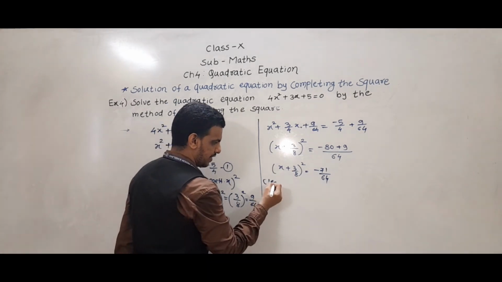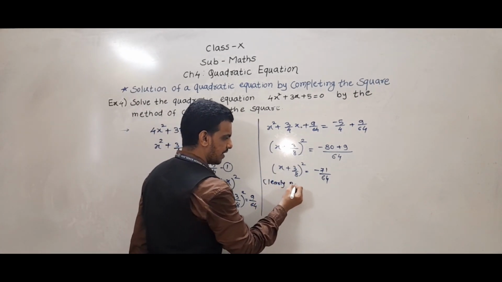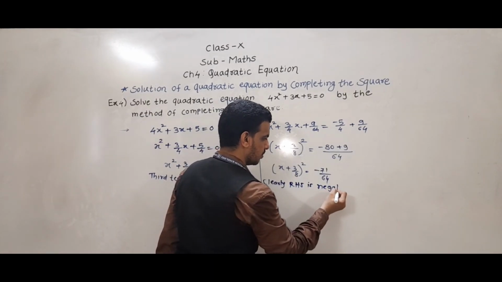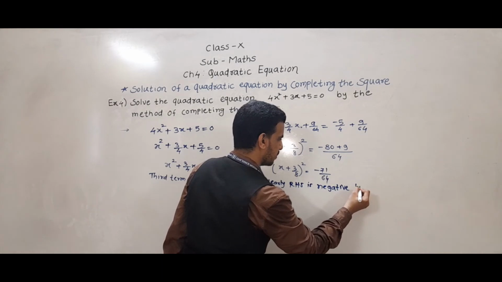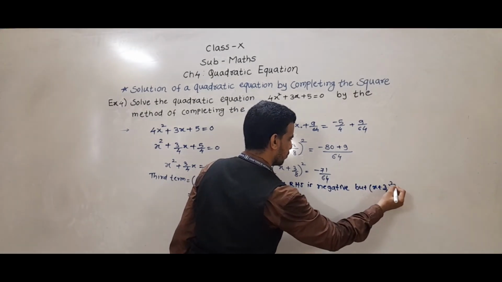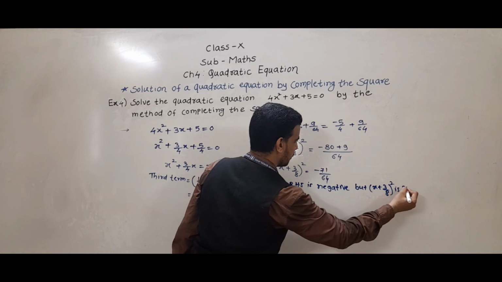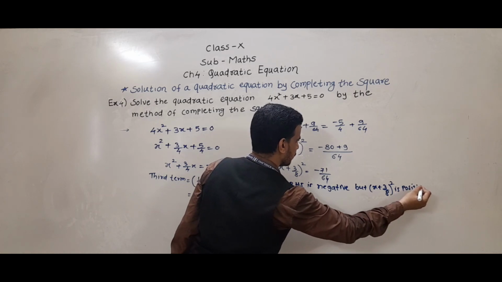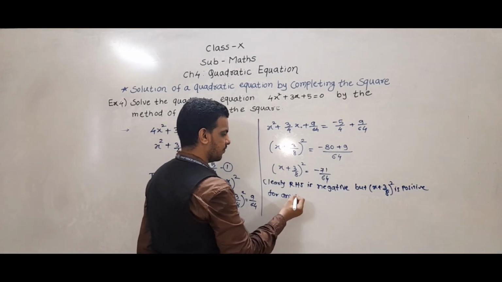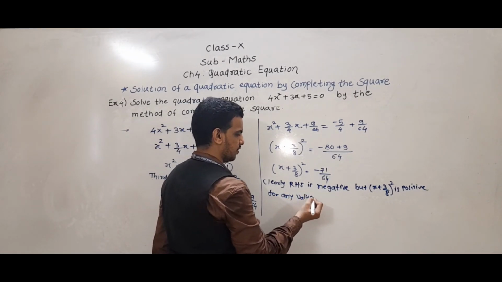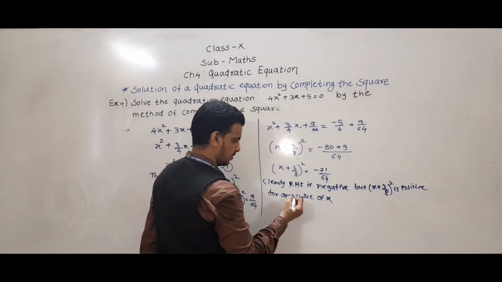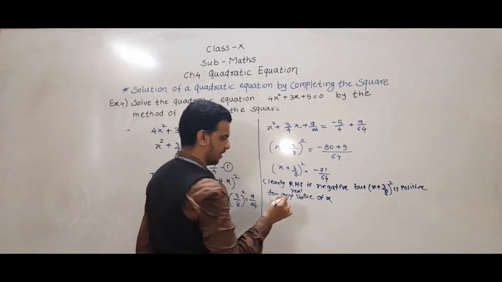So here we can write clearly: RHS is negative, but x plus 3 by 8 squared is positive for any real value of x.